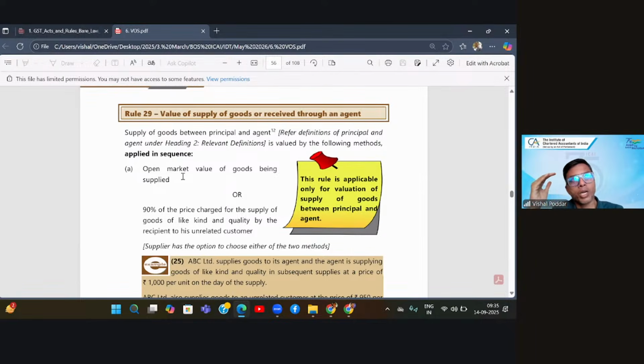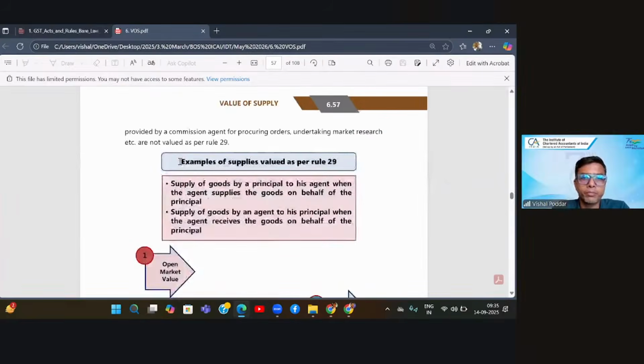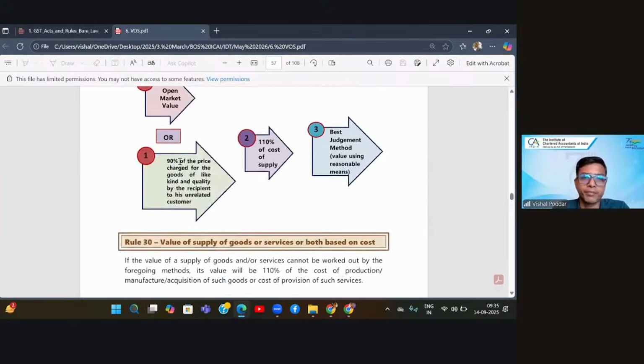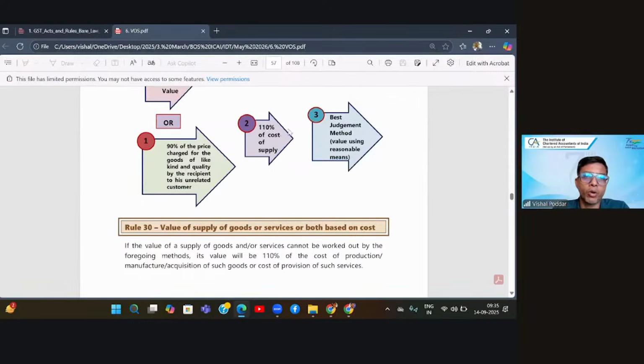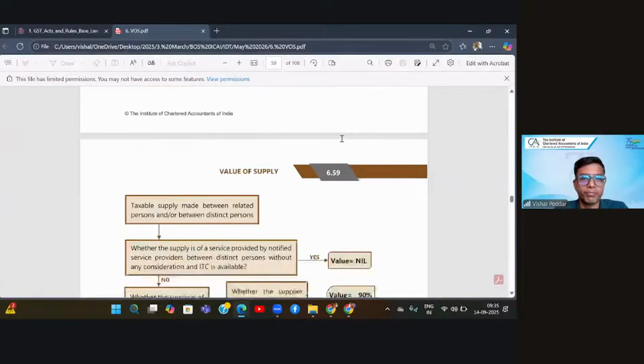Or whatever price my agent further charges to the customer to whom the agent is selling my goods, that price minus 10%, that will be my taxable value. So this is Rule 29. And again, besides this, we all know you have these two residuary rules applicable where this fails: 110% of cost or the reasonable value method, that is Rule 31.